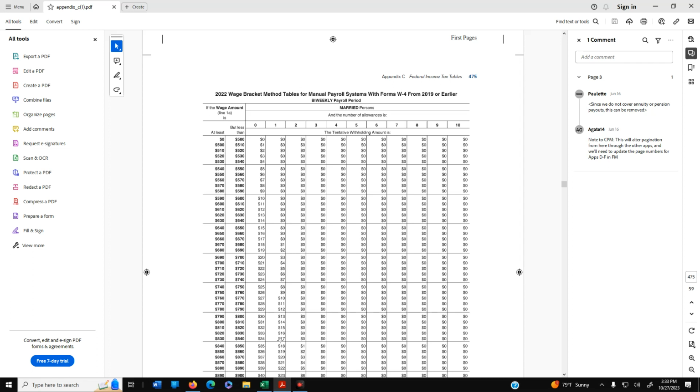But then 2020 came along, and a new W-4 was instituted due to the Tax Act. That was when President Trump was there, and they passed the legislation. So you have some employees that are on W-4s that are 2019 or earlier, and some that are 2020 or later.